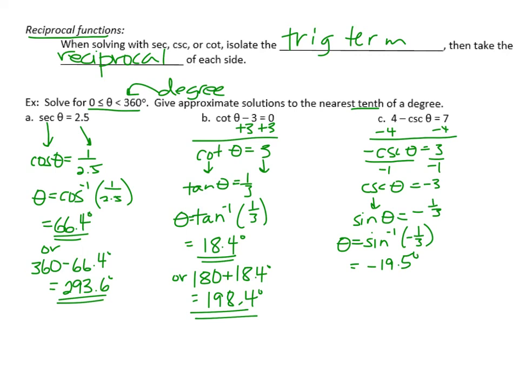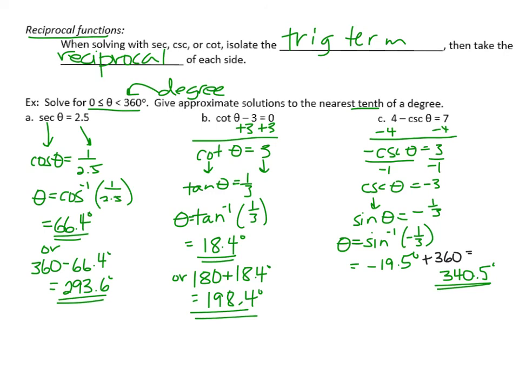We always want to make a negative answer coterminal so that it fits the criteria for our restriction in the directions. I'm going to add 360 to that right away to make it coterminal. Negative 19.5 plus 360 would equal 340.5. We know that sine is negative in quadrant 4, and that's an angle that would give us that negative solution.